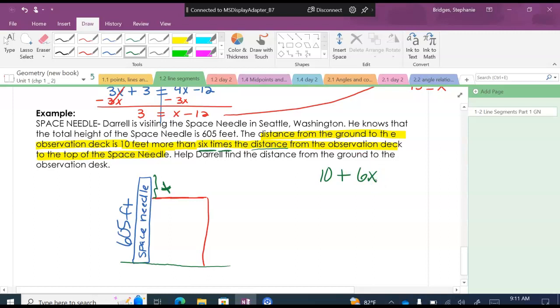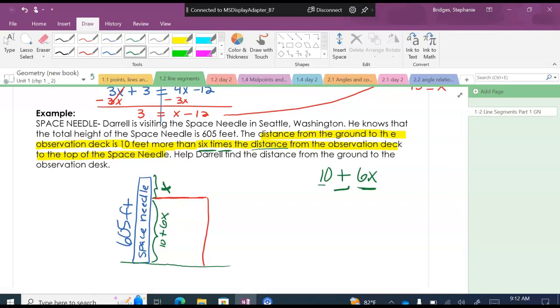Okay. 10 more than 6 times the unknown. So that's going to go down here. Right down here is 10 more than 6x. Do we see how we represented those? They didn't tell us anything about the distance to the top, but they did tell us about from the ground to the observation deck.